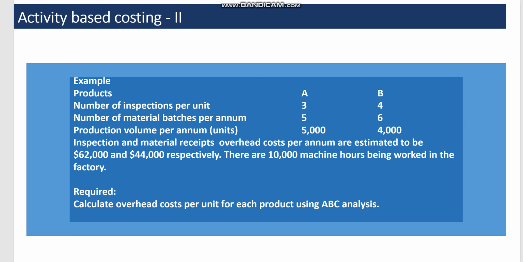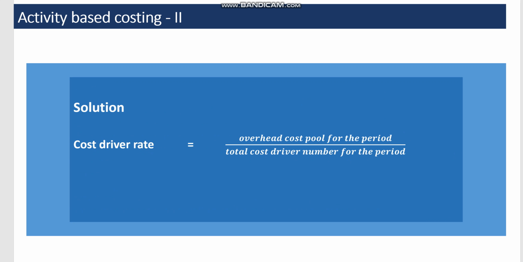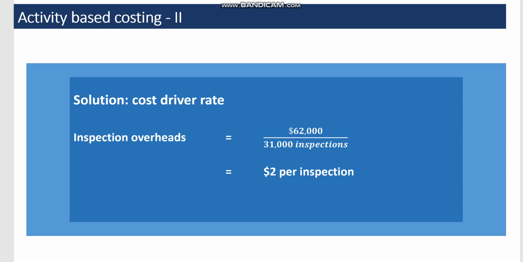Going back to the formula, we are now going to work out the cost driver rate for each overhead activity given in the example. First, inspection overheads, given as $62,000, divided by 31,000 inspections.